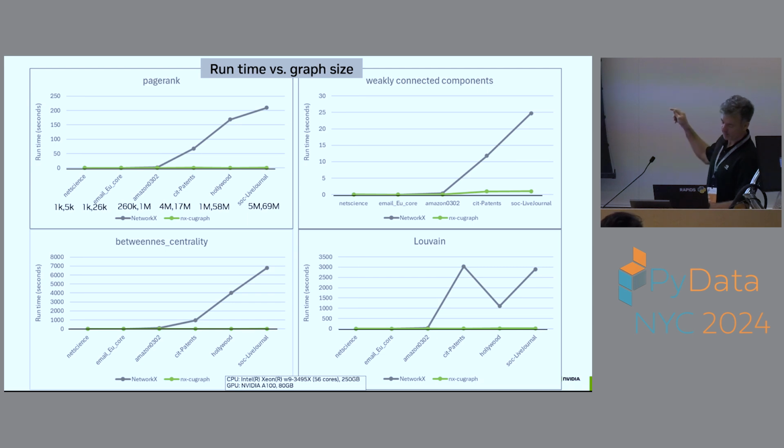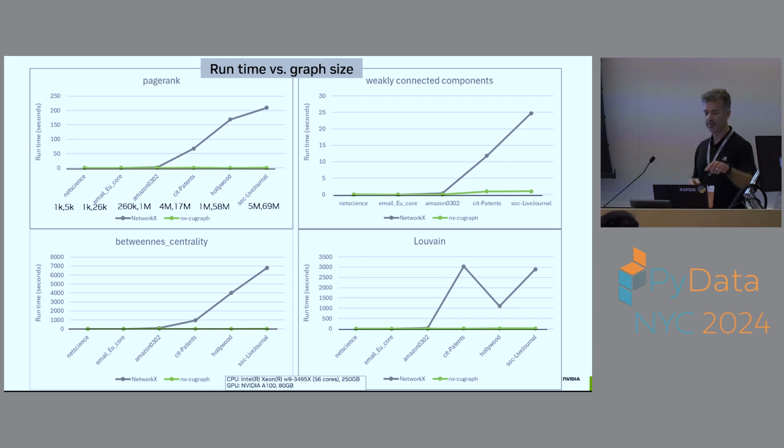You can see there's a variety of different data sets that we used there, ranging from the very small, 1,000 nodes, 5,000 edges, to larger, 5 million nodes, 69 million edges. And you can see that trend, like I mentioned. There's that point where NetworkX, for a lot of the algorithms, performance starts to degrade. It's usually in that middle, in this case, 264 nodes and a million edges.